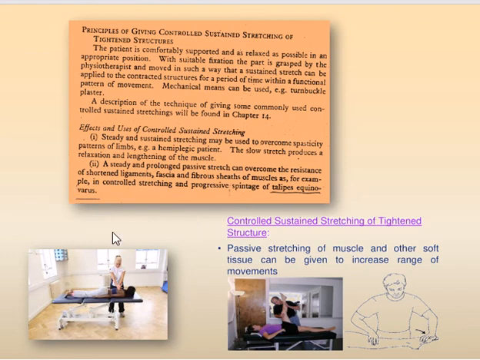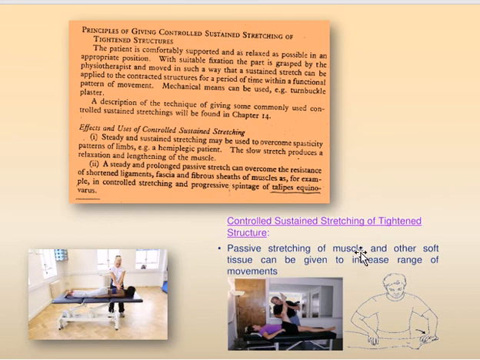Talipes equinovarus is a deformity of the foot, and it is mostly congenital. A series of plaster casts are applied with almost a 6 weeks gap, and further in talipes equinovarus, passive stretching is also performed by the physiotherapist to maintain the range of motion.